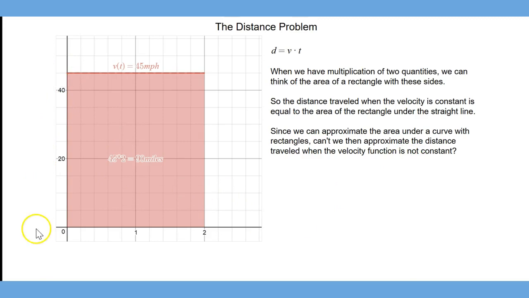It's 45 times 2. Since we can find the distance traveled when we have a constant velocity like this, we should be able to estimate a distance traveled when we have a non-constant velocity by doing what we've just done, approximating with rectangles.